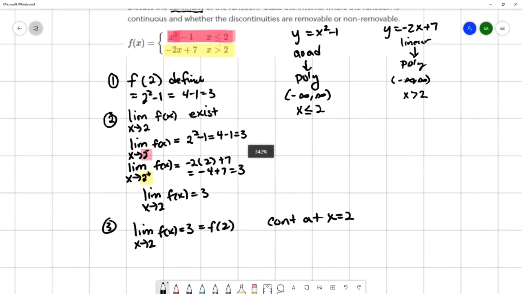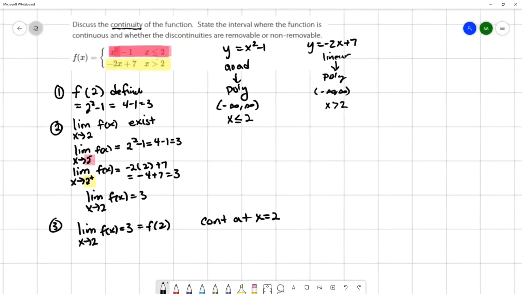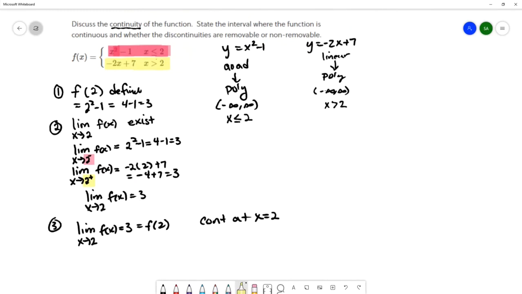And that was our only concern, and we've already stated that it's going to be continuous for less than 2, continuous for greater than 2, so this function is continuous from negative infinity to infinity. There will be no discontinuities. And since there are no discontinuities, we don't have a type for that discontinuity. So the interval where this function is continuous is negative infinity to infinity, and there are no discontinuities.